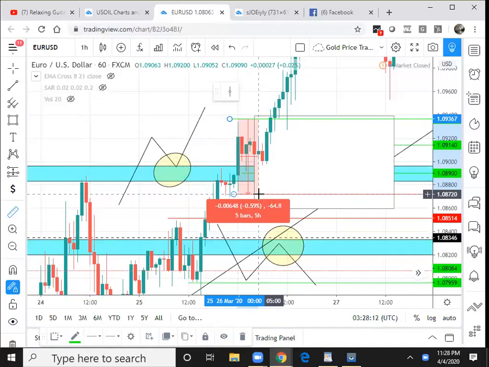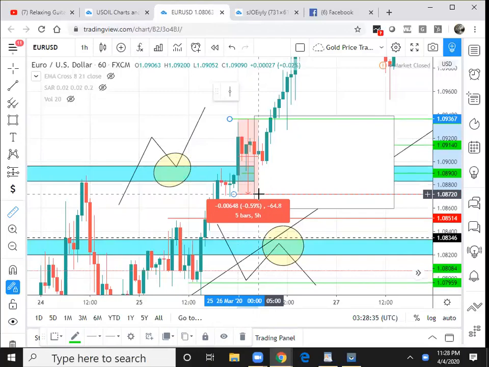Now, the spread was 64 pips, 65 pips essentially. For someone with a $1,000 account, if you trade a dollar a pip, that's $65 risk, and that risk is too high. Well, not necessarily. For some people, they're willing to accept that risk, but the recommended risk for your account is 1 to 3%.